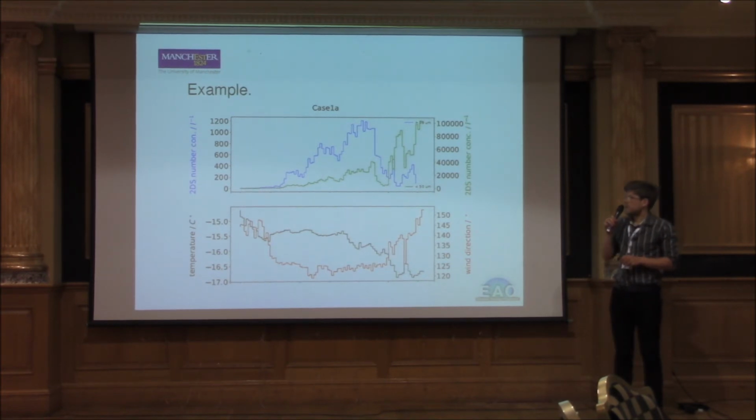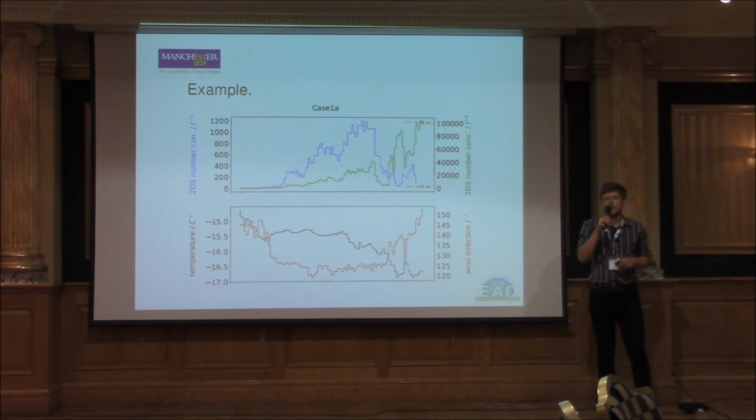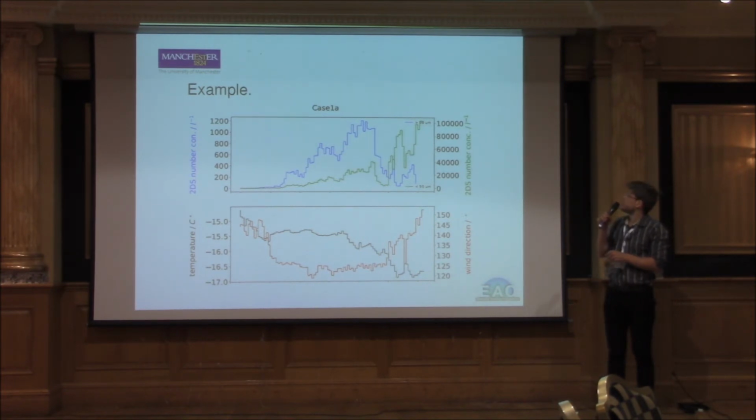We can also identify ice particles smaller than 50 micrometers, but it's very hard to do it in an automatic fashion, so we have to choose a threshold, and I chose 50 micrometers. If we lower this threshold, this time series of ice number concentration will only increase.